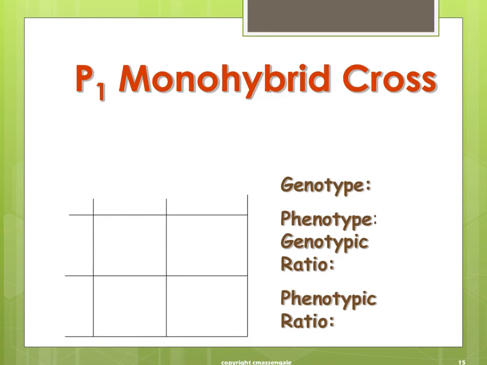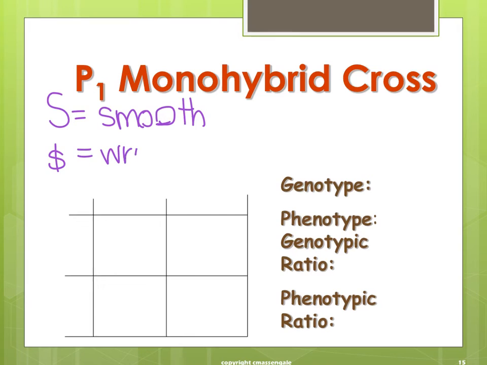We just did that. You want to do smooth and wrinkled? That's what the other class did too. I think it's odd. So the first thing I'm going to write is my key. So capital S we said was smooth because that was dominant. And my lowercase s is equal to wrinkled.